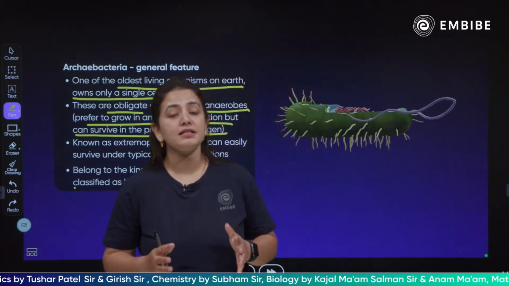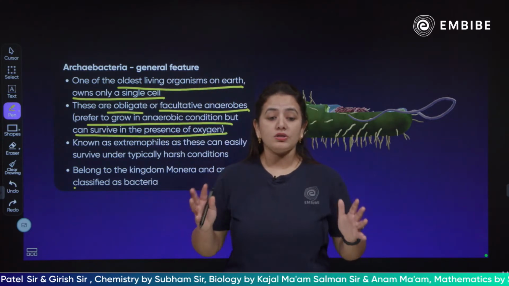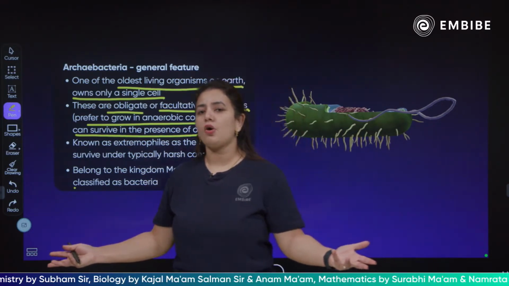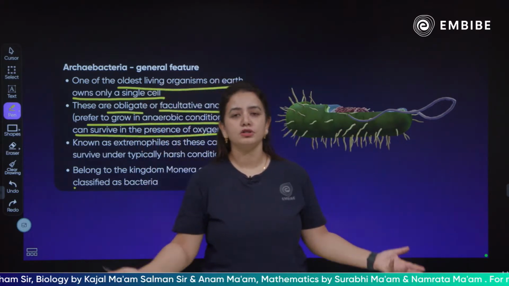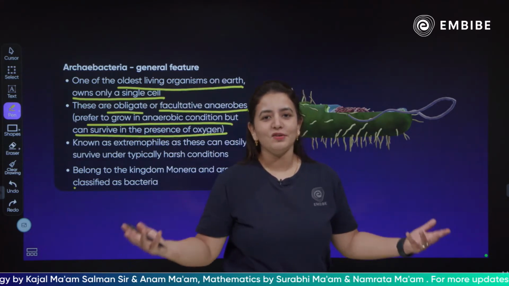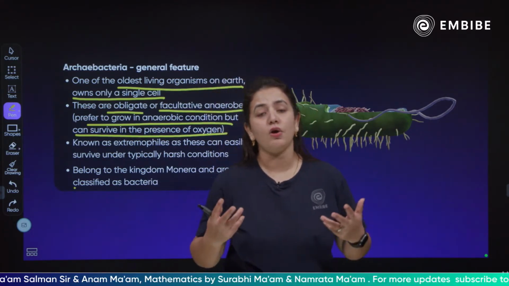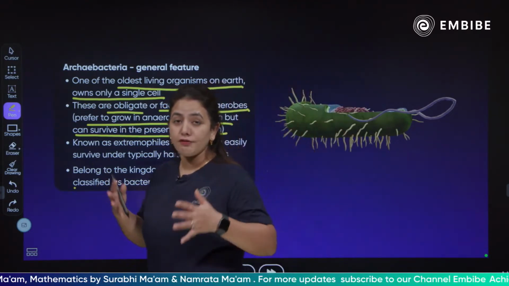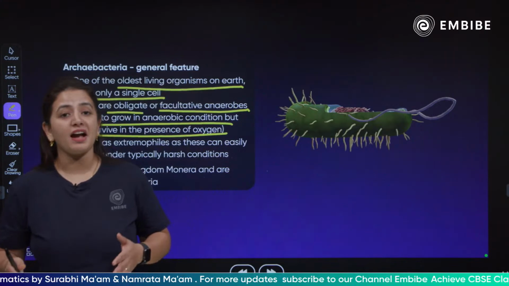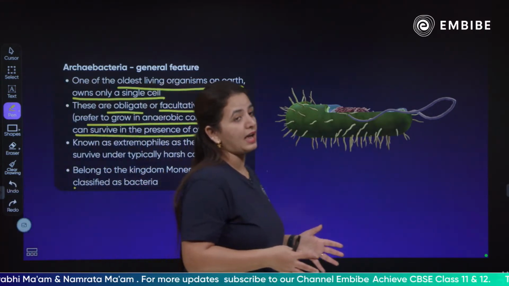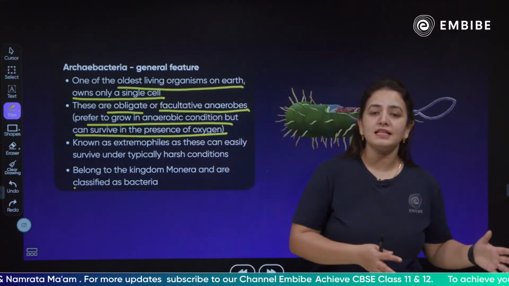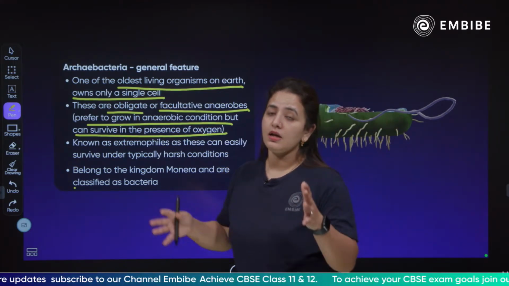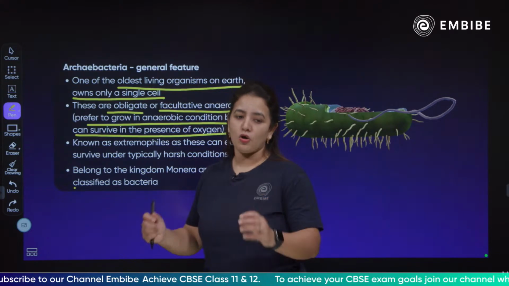If they need to, they can survive in the presence of oxygen also, because right now our earth has a lot of oxygen and all living organisms are majorly surviving on it. So Archaebacteria have shown a shift from typically facultative or obligate anaerobes to organisms that respire aerobically and can grow in the presence of oxygen also.